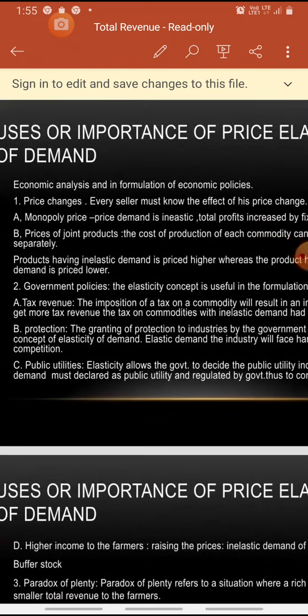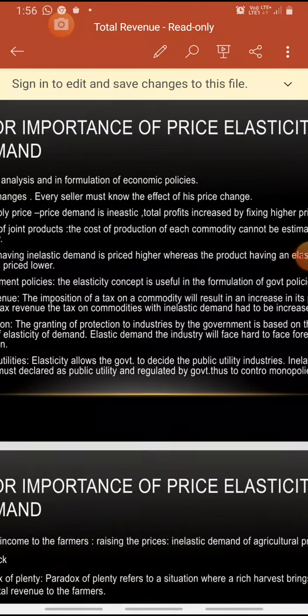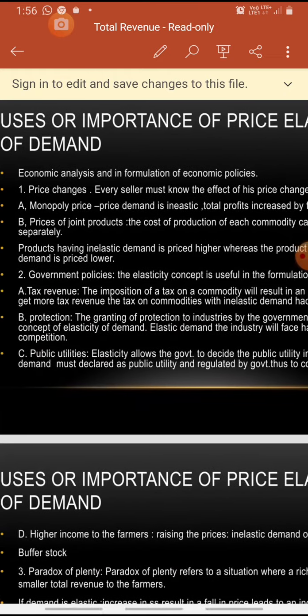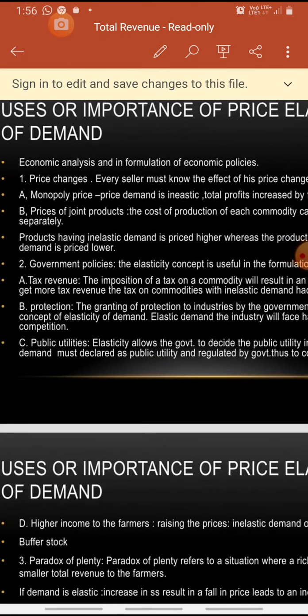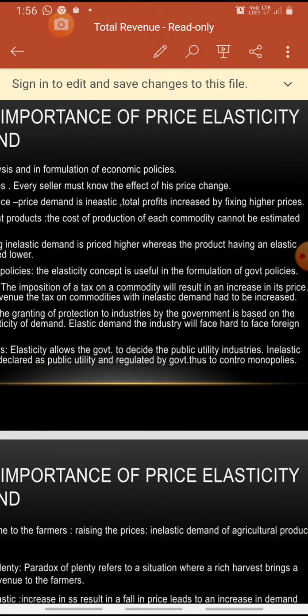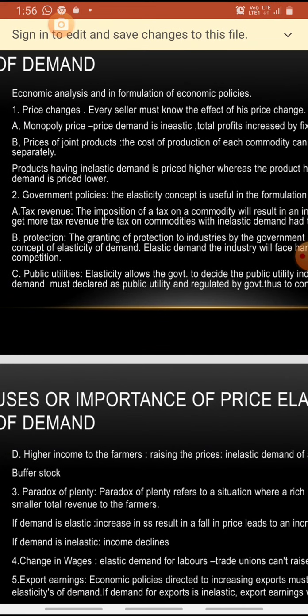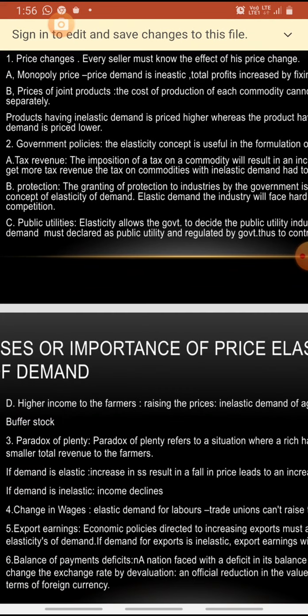Then B, prices of joint products. The cost of production of each commodity cannot be estimated separately. Products having inelastic demand are priced higher, whereas products having elastic demand are priced lower. Then it is used for analyzing government policies.